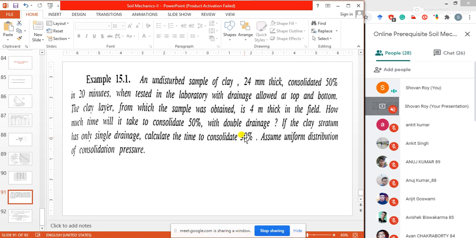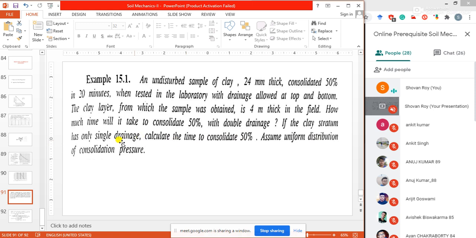So in the lateral direction, the x direction, no drainage is possible. Drainage is possible only from top or from bottom, but from another direction it is not possible to drain the water.